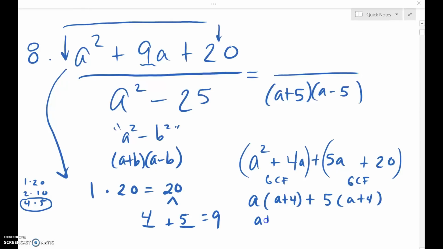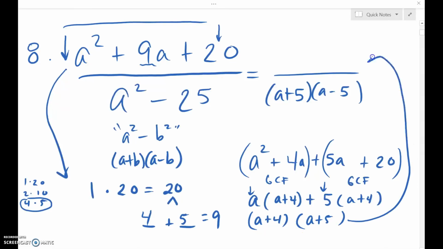But the common factor here is a plus 4, so I'll pull that out front. And what's remaining here and here make my second binomial pair in my factors, a plus 5. So now this is the factored form of what my numerator was. So I could take that and move it here.